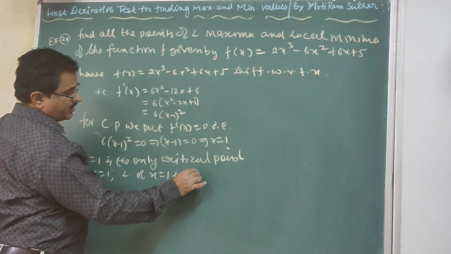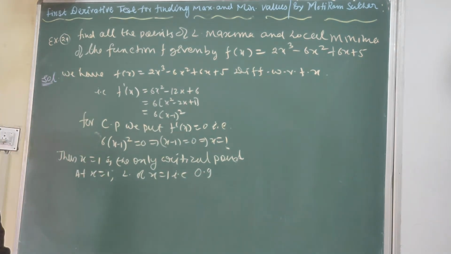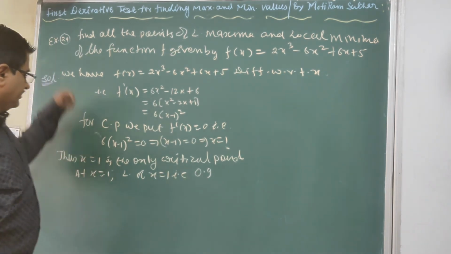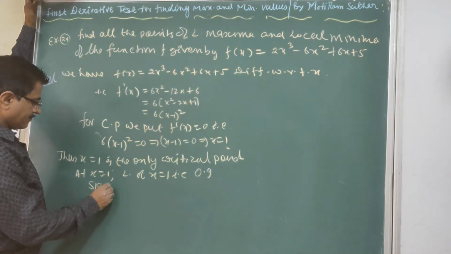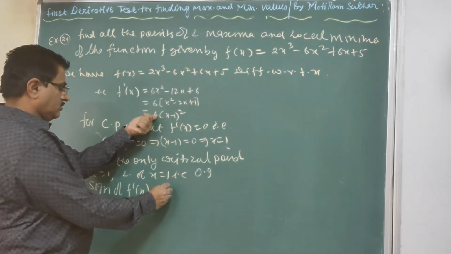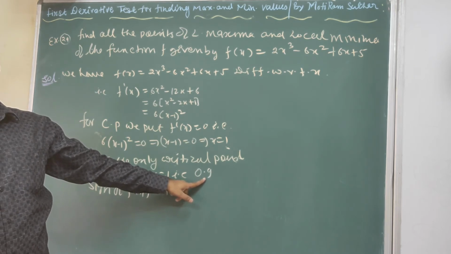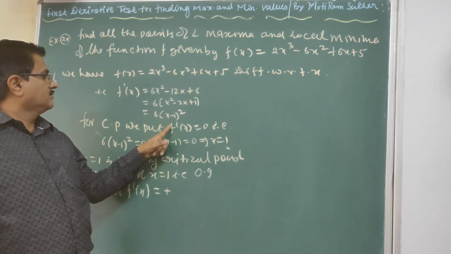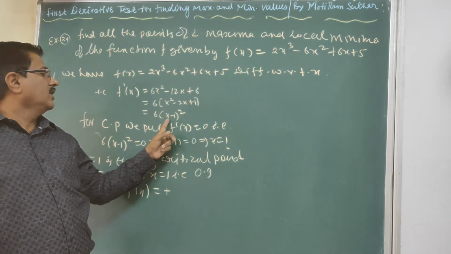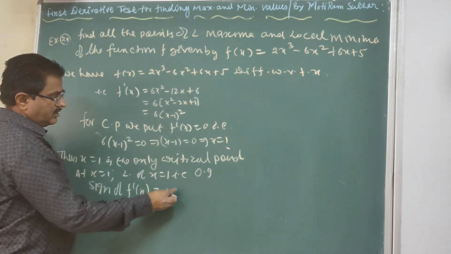So now at this point you have to check left of x equal to 1 and right of x equal to 1. You can take 0.9. We can directly solve. If we take left of x equal to 1, that is 0.9, the sign of f dash x is positive. If you put 0.9 in this factor, 0.9 minus 1 is minus 0.1 and its square will be positive. Here the square of the negative is positive.